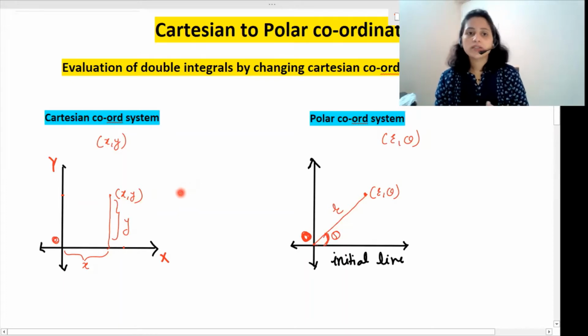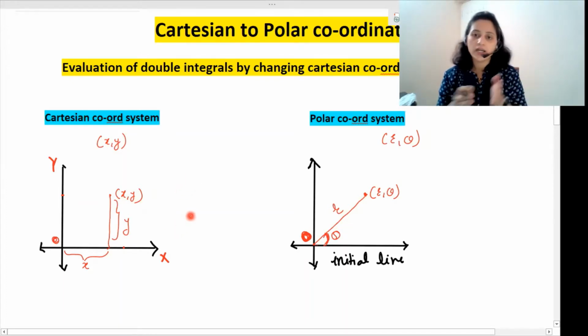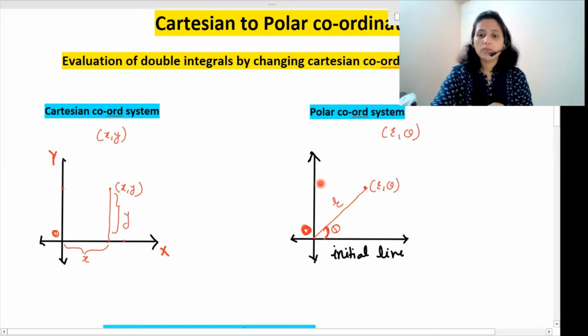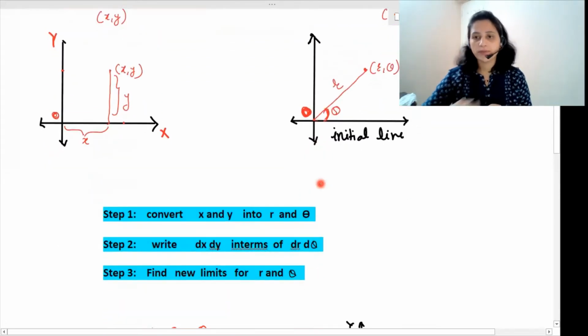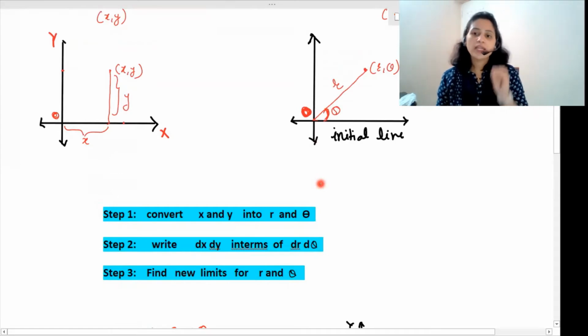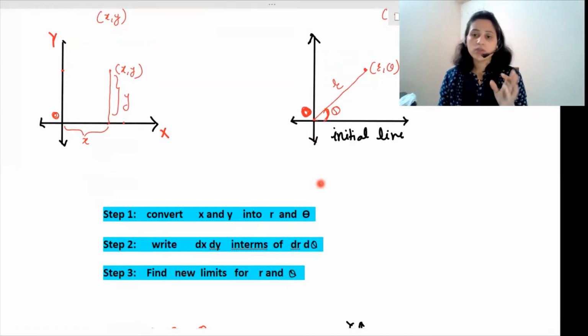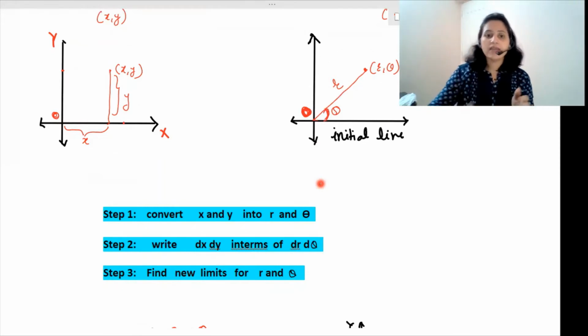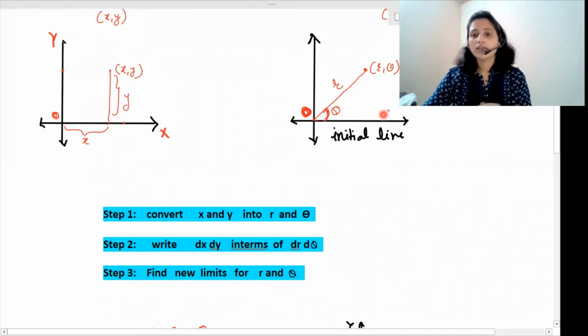Now we move towards the actual evaluation of double integrals by changing the Cartesian coordinate system to polar coordinate system, okay? Now, before we move towards the actual examples, let me show you 3 steps. Means we are going to solve the examples by using these 3 steps, okay? So first step, convert x and y in terms of r and theta, okay?